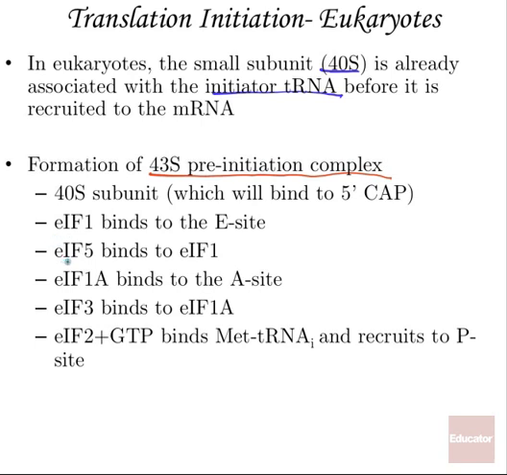We have EIF5 binding to EIF1, EIF1A binding to the A site, EIF3 binding to that one, and then EIF2 and GTP binding the initiator methionine tRNA and recruiting that to the peptidyl site, the P site.